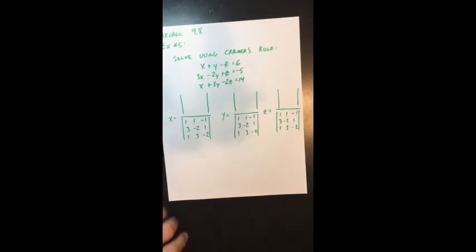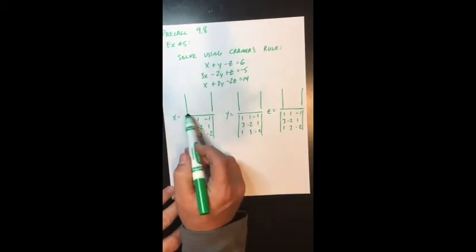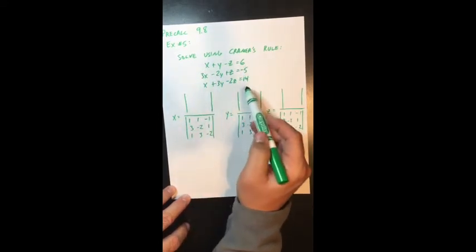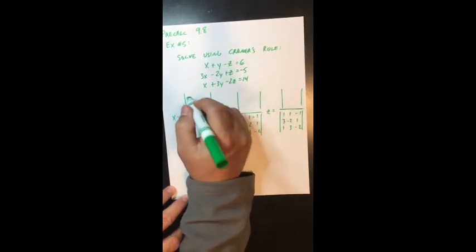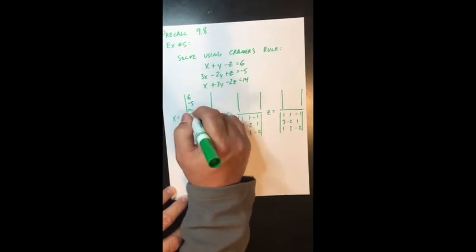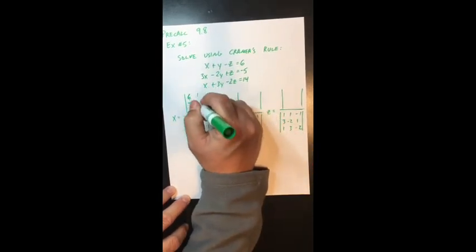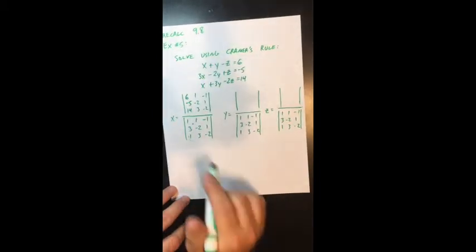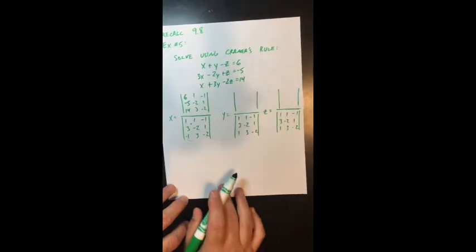All right, so now in the top, for x, we take the coefficients for x out and we replace them with the constants. So 6, negative 5, 14, and then 1, negative 2, 3, negative 1, 1, negative 2. All of these 2 columns stay the same.